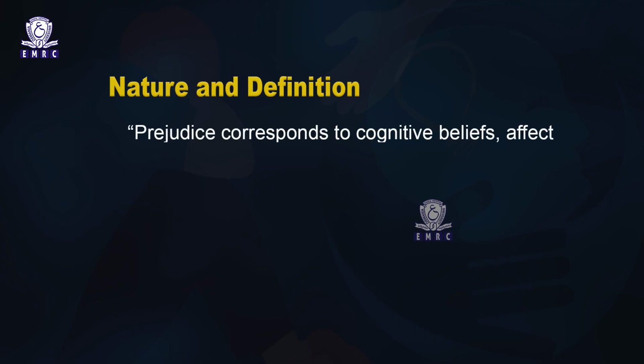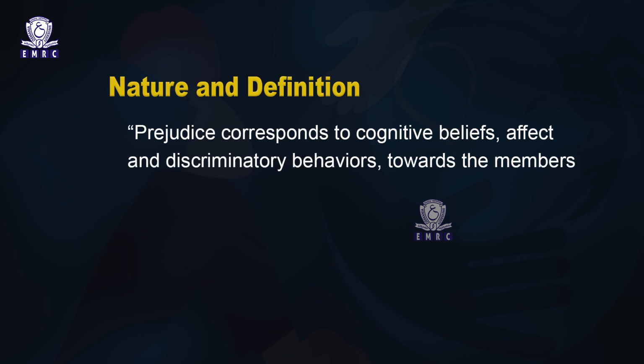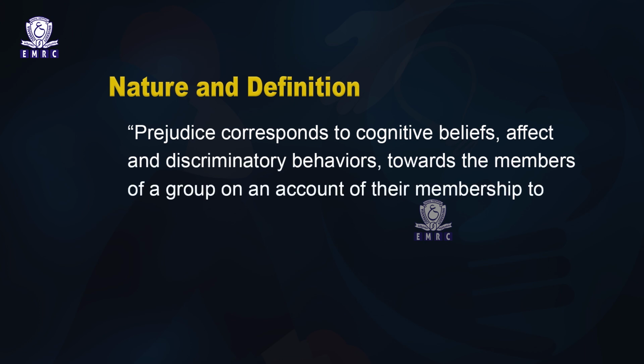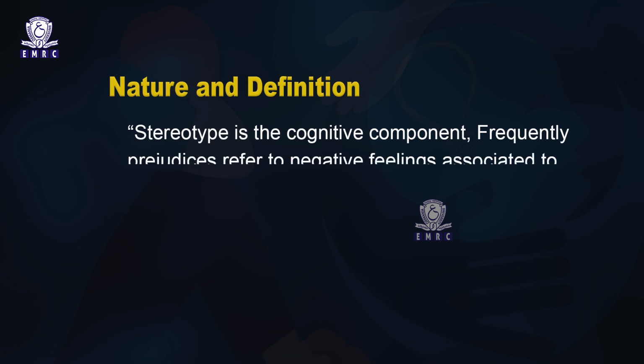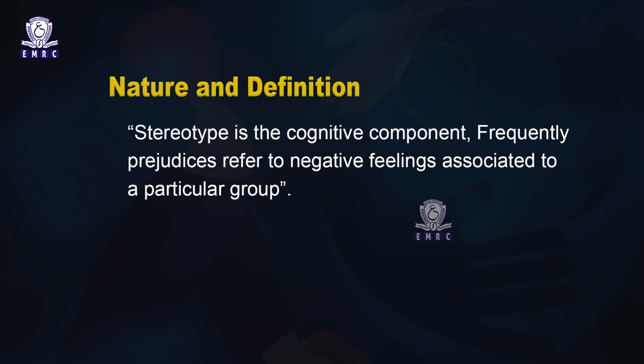And Lyons, in the year 2001, says prejudice corresponds to cognitive beliefs, affect and discriminatory behaviors towards the members of a group on account of their membership to that group. And Capozza and Volpato, in the year 1996, say stereotype is the cognitive component, and frequently prejudices refer to negative feelings associated to a particular group.